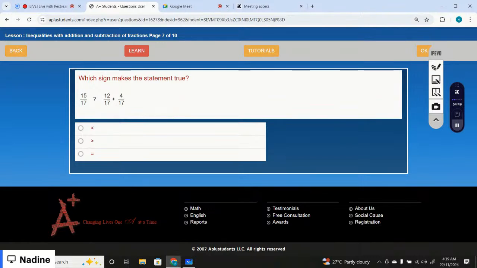15 by 17, you have to compare it to 12 plus 4 over 17.